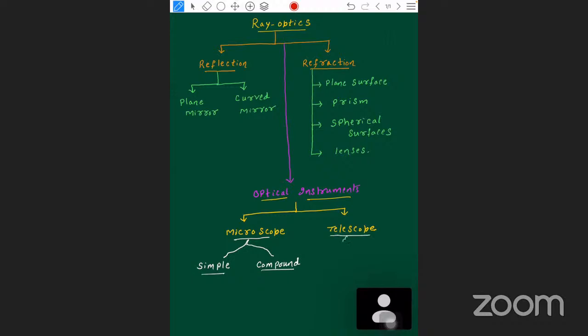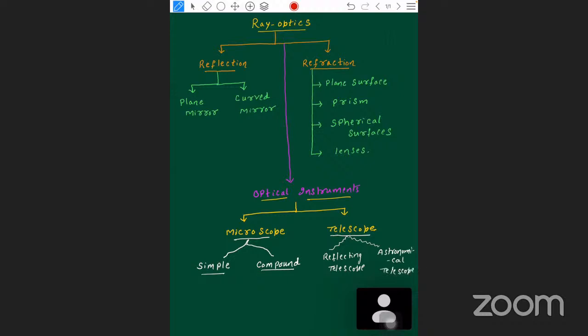In telescope also, you are going to analyze the reflecting telescope and also the astronomical telescope.